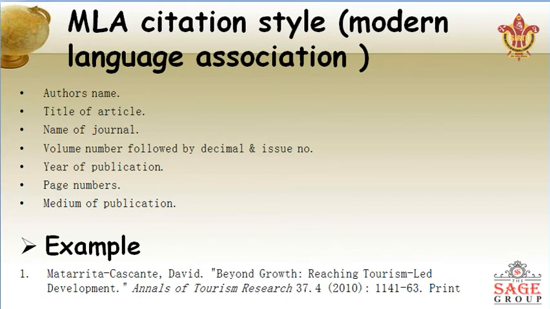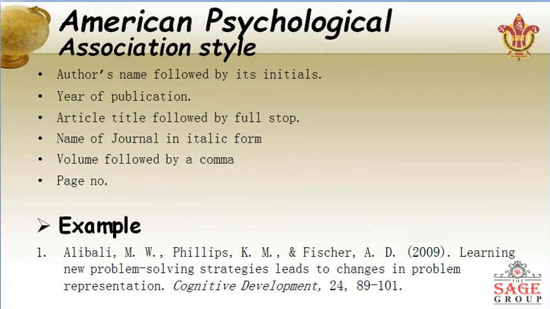Another one is the American Psychological Association style. In this referencing style, we have the author's name followed by the initial, then the year of publication in brackets, then the title of the paper, then the journal name in italics, then the volume, and then the page numbers. So this is another type of style.